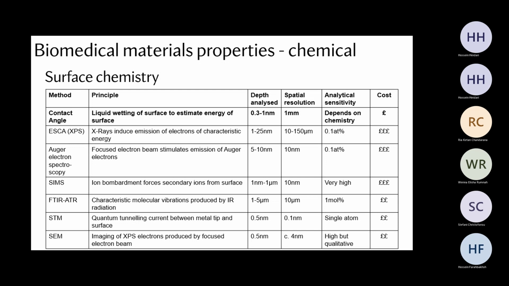There are various tests. Of course, we don't have a chance to look at each of these, but to figure out what the surface properties are, as a subcategory of chemical characterization, we have various tools and systems. One of them that is pretty interesting is FTIR and Raman spectroscopy.